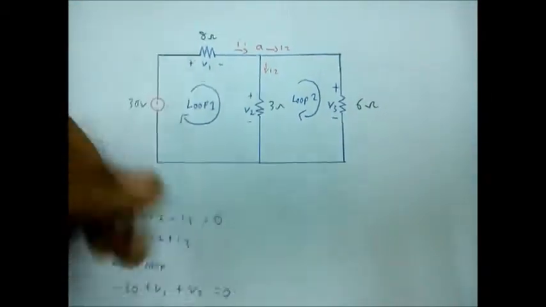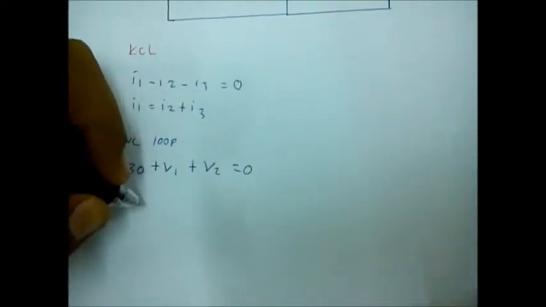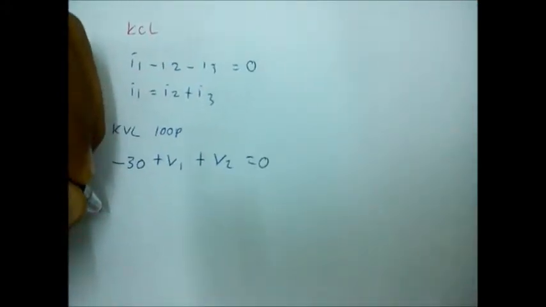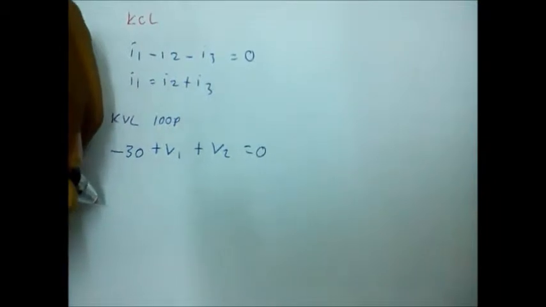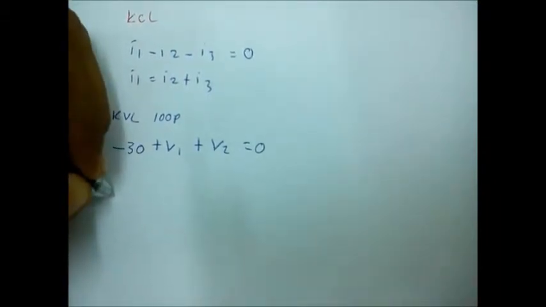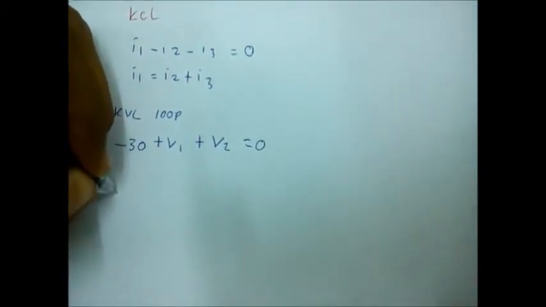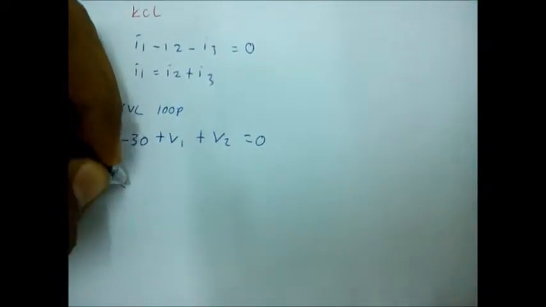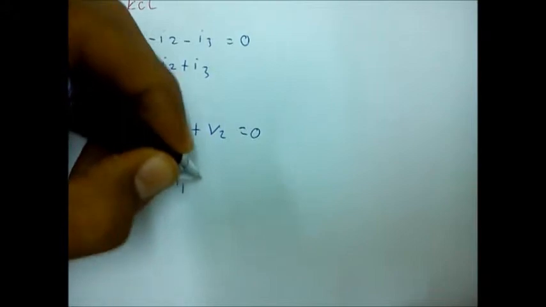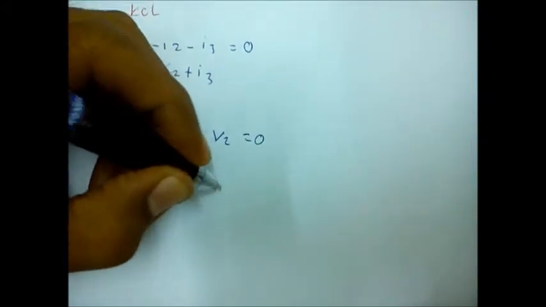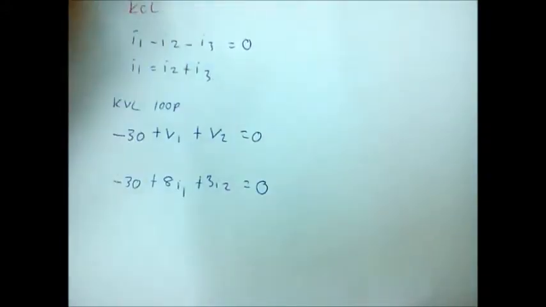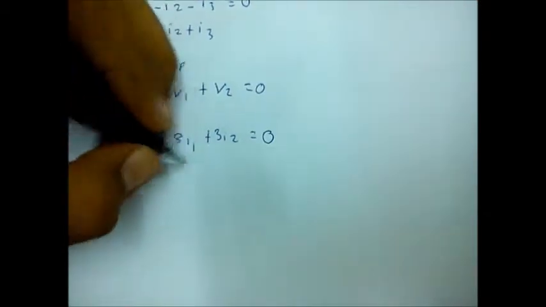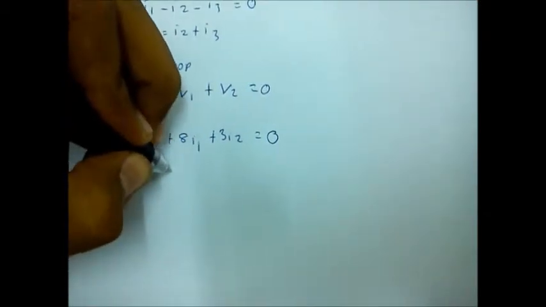We express this in terms of I1 and I2 as in the equation negative 30 plus 8I1 plus 3I2 equals 0.